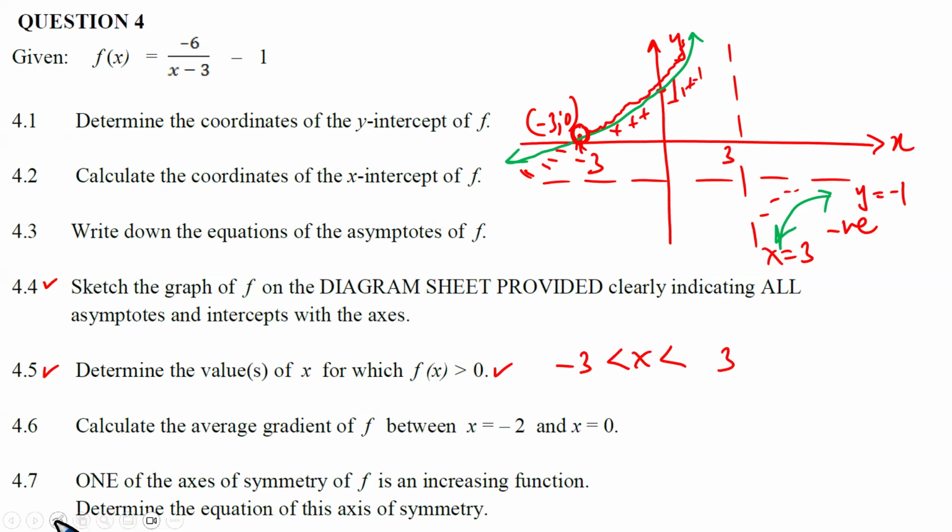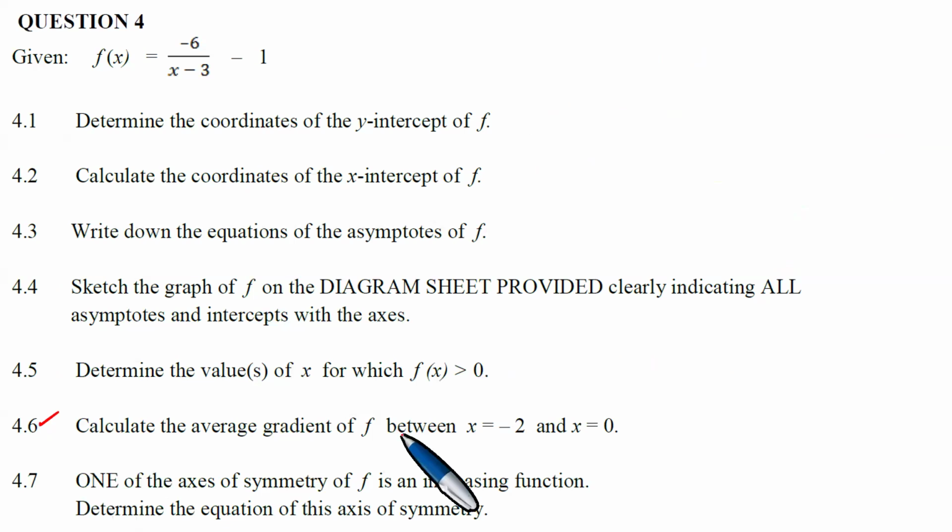4.6, you need to be able to calculate the average gradient. Calculate the average gradient of f between -2 and 0. So at this point, you have -2 for x and you have 0 for x. When x is -2, you put it here in the place of x.